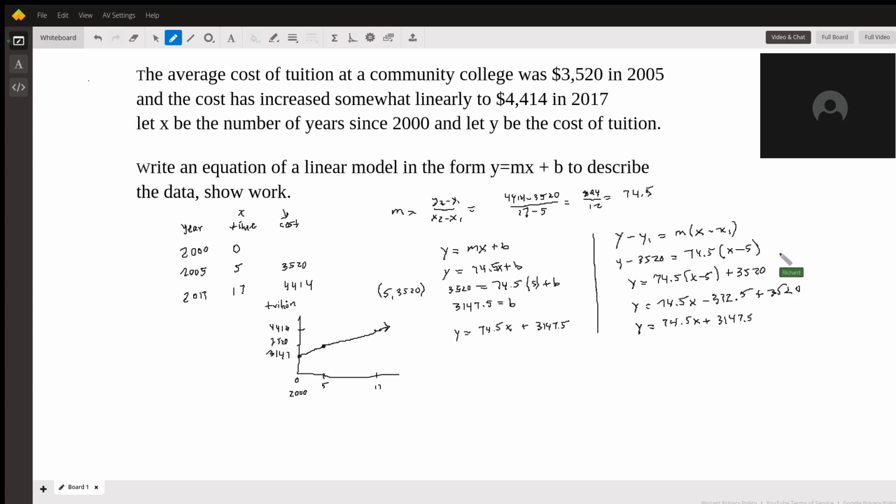They'll say, use this form or that form in your work. Sometimes you don't have a choice. In this problem, we had a choice. So I just thought I'd show you both ways, because you might see one or the other on the test, and you won't be given a choice as to how to proceed.